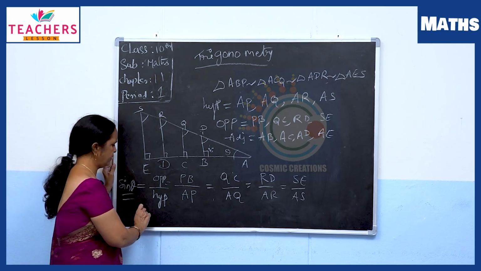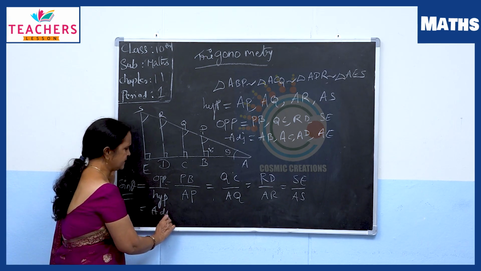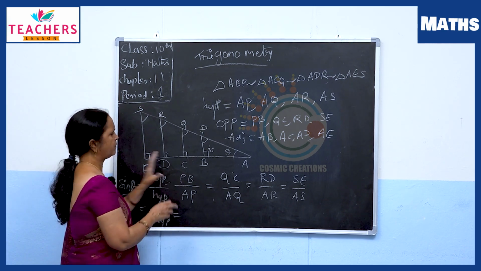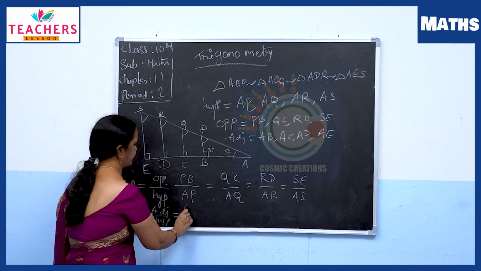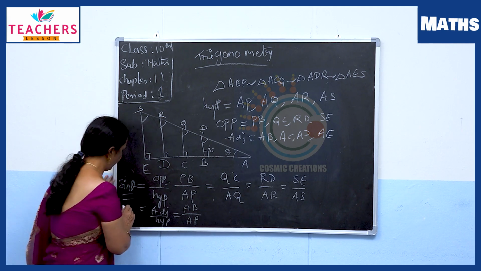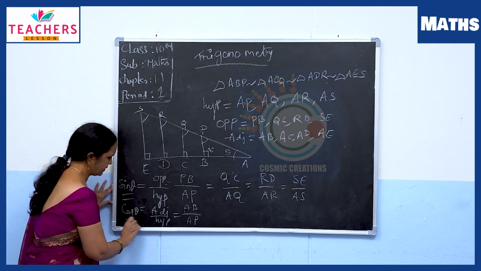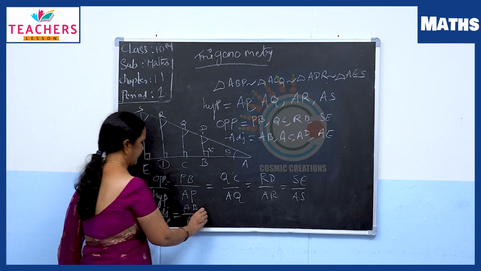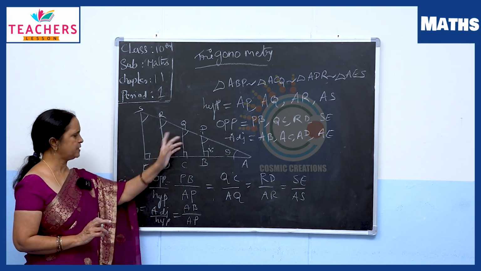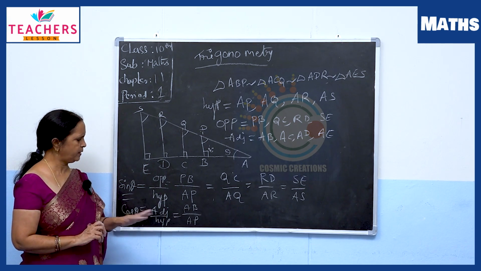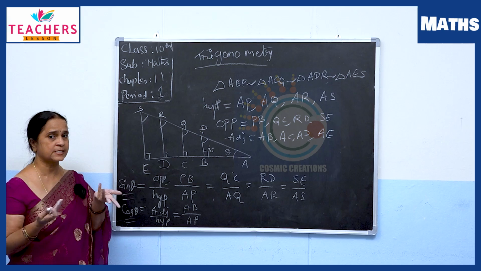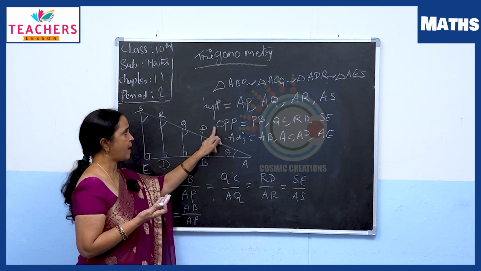If I take adjacent by hypotenuse, then what happened? Just from one triangle I am writing: AB by AP. It is called cos theta. What is cos theta? Adjacent by hypotenuse. Remaining are the rest of the sides, opposite and adjacent.